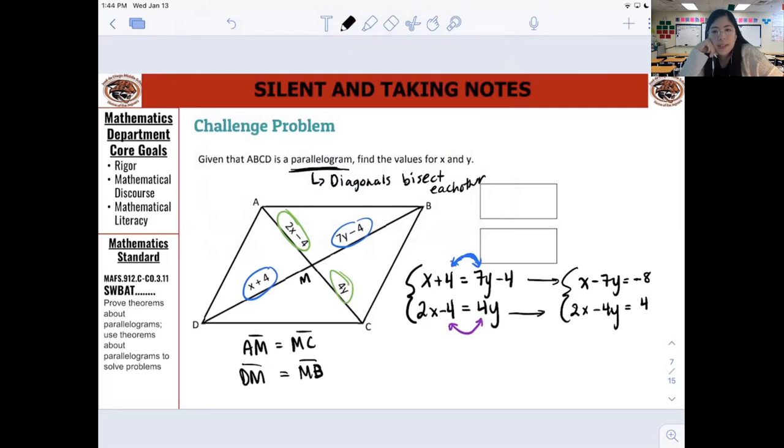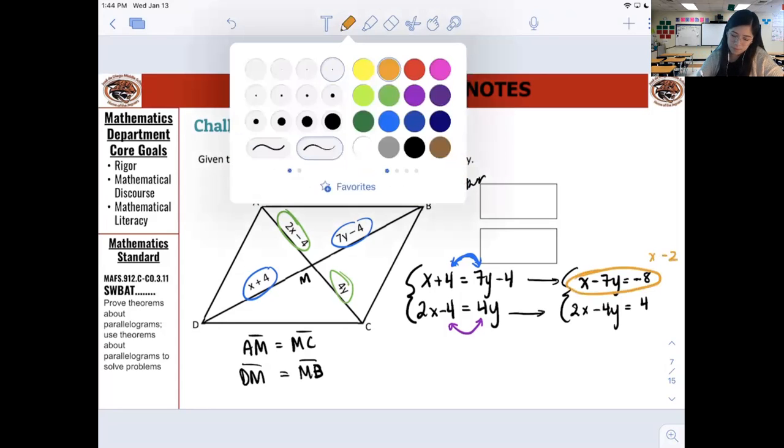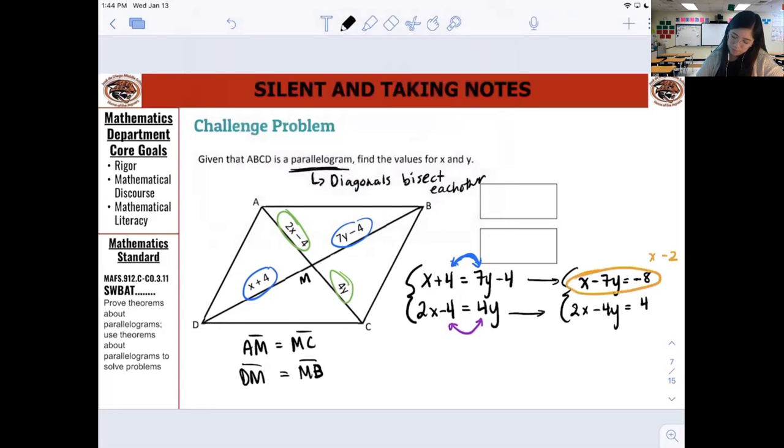Okay, now I have a system that I can solve because everything is lined up properly. However, if I want to use elimination, what should I do to my top equation? Multiply it by negative 2, good. Why negative 2? Because we want them to be opposites so that they can cancel out. Good. Okay, so I'm going to do that down here.